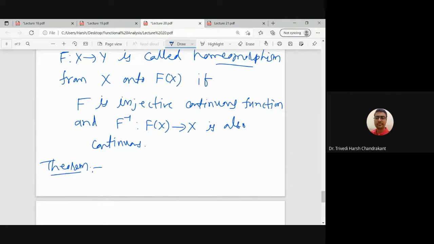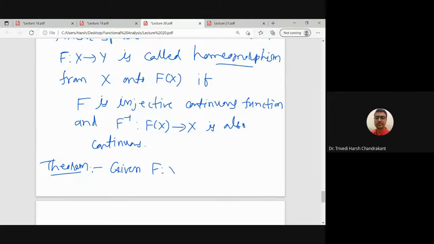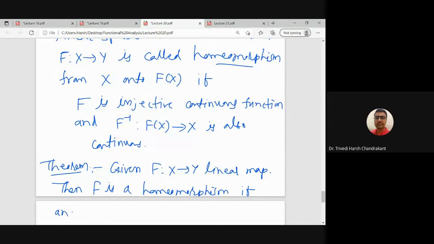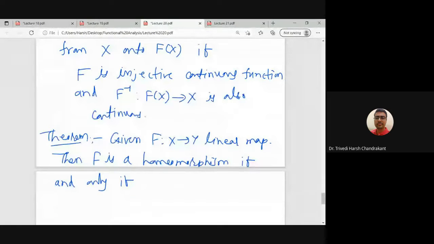So one result which we want to discuss is: given a function f from X to Y, a linear map, then f is a homeomorphism from X onto its range if and only if there exist two positive numbers.